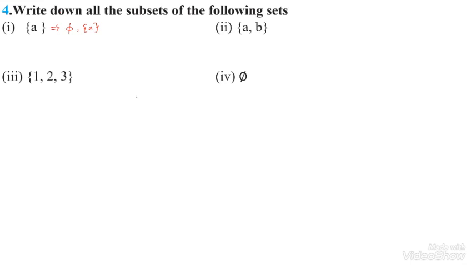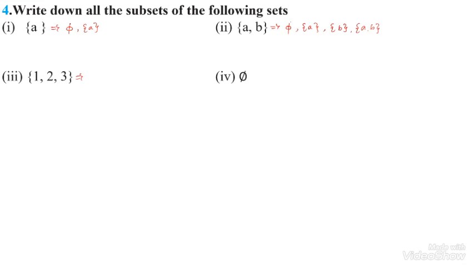Okay, in this next set, I can write the empty set as one subset, then another subset with only one element, then I can take this element B, and {A, B}. Okay, these four are the subsets of {A, B}.